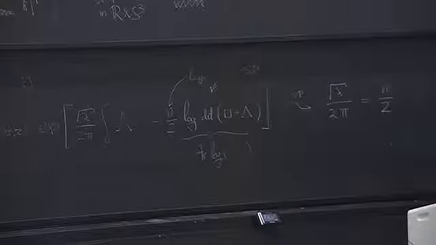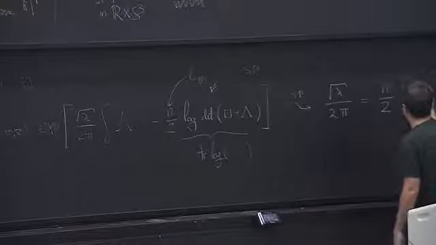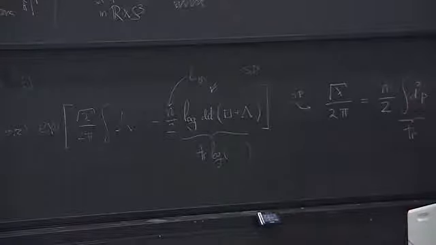And if you take a derivative, the trace is just the integral d2p, if we go to momentum space, and we take the derivative of a log. So what we get is, downstairs, p squared plus lambda. Okay?